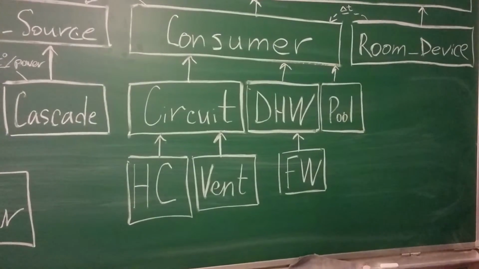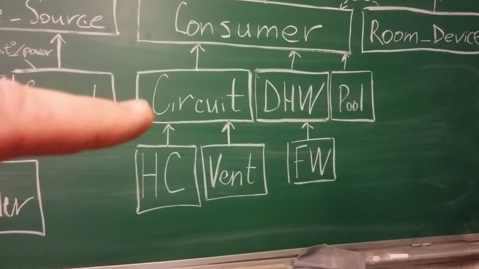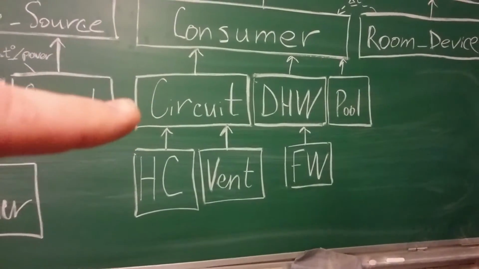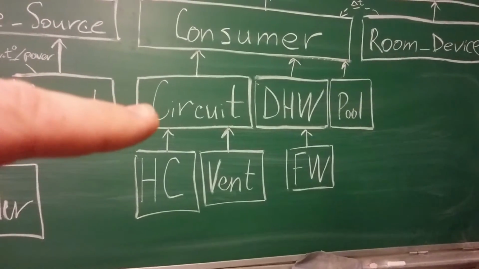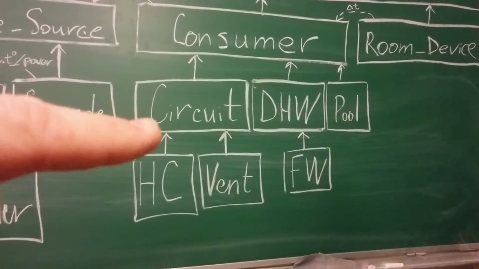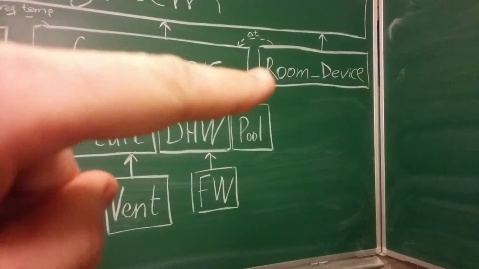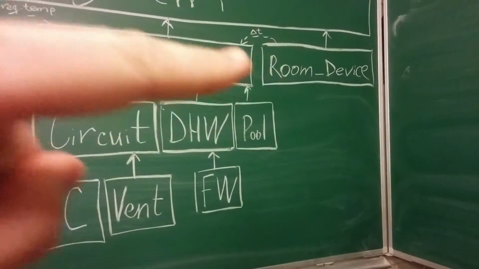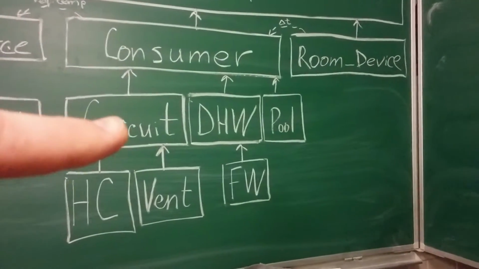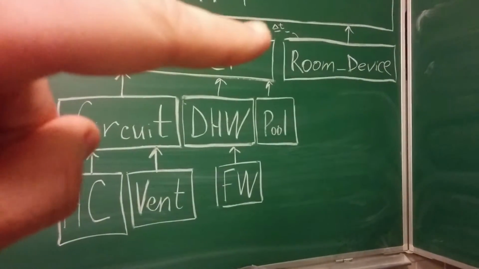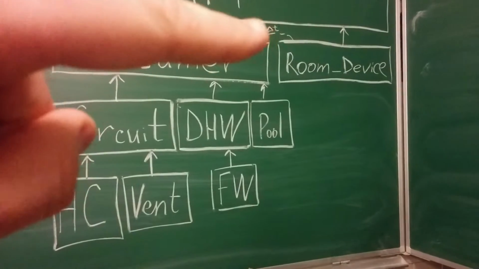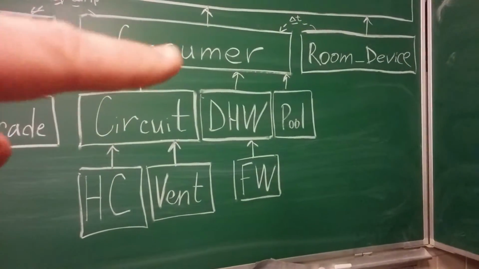Also, I need to say that there is a special type of consumer named circuit, because circuits can have room devices connected to them. Oh, there is a misunderstanding here. We should connect it to a circuit, not to a consumer.